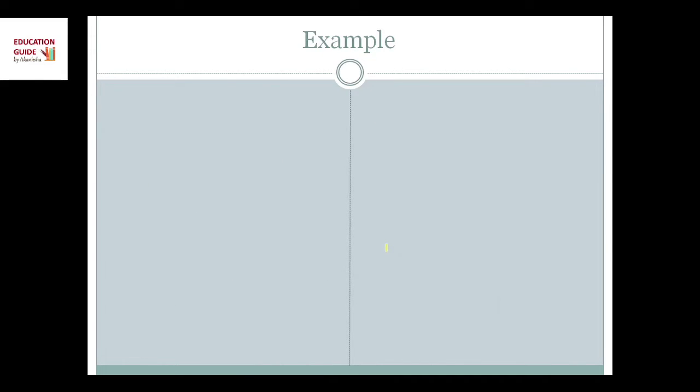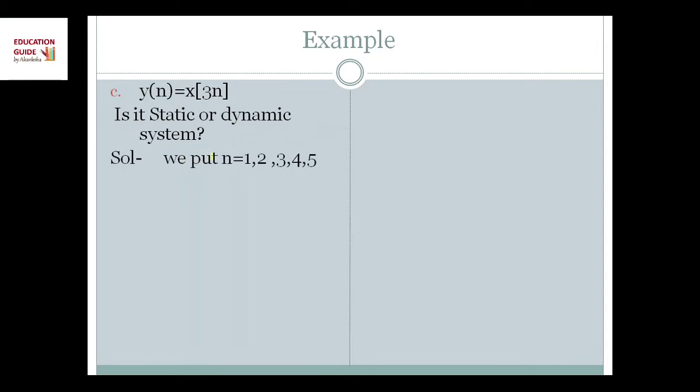Next example is y(n) = x(3n). Is it a static or dynamic system? We put n = 1, 2, 3, 4, 5.